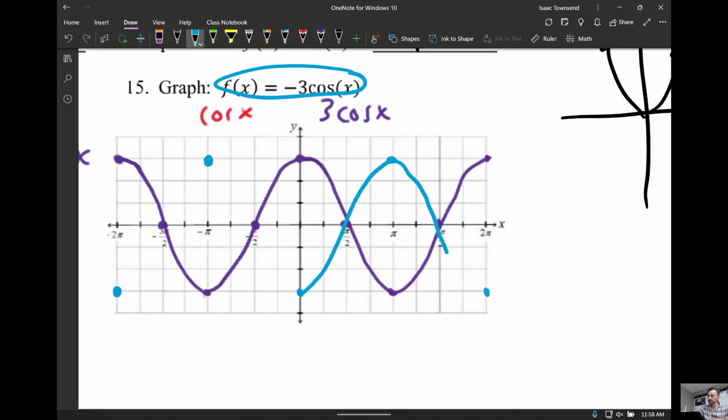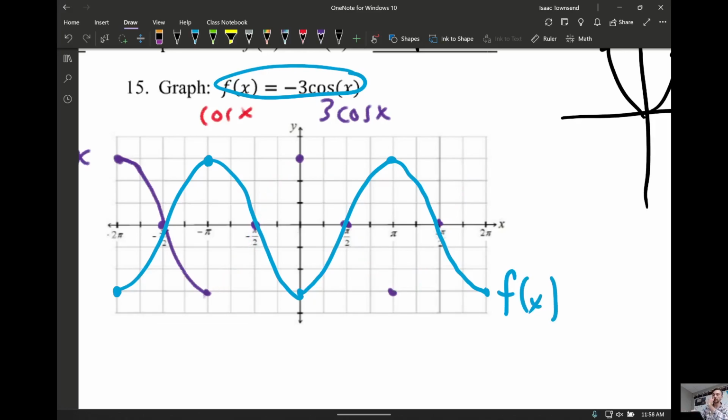Anything that was on the x-axis is still on the x-axis. Reconnect those, and that's what they were asking us to graph. And again, I'm just going to erase my old work so that there's no confusion. But knowing what cosine looks like, you could then make it look like 3 cosine, and then you can flip it over to make it negative 3 cosine. But that's what happens when you change the a value. You're going to change the amplitude.